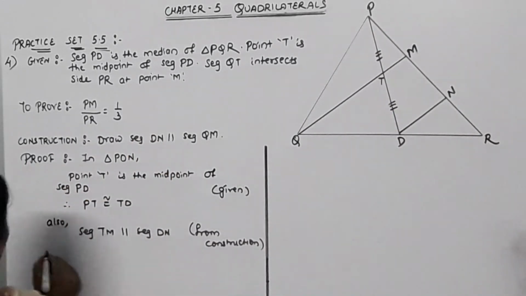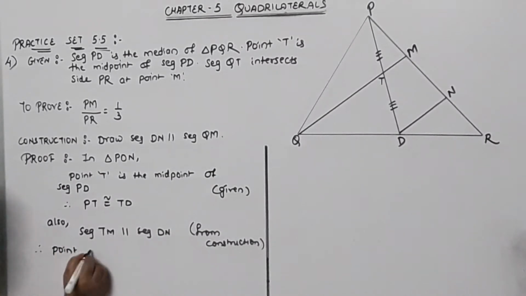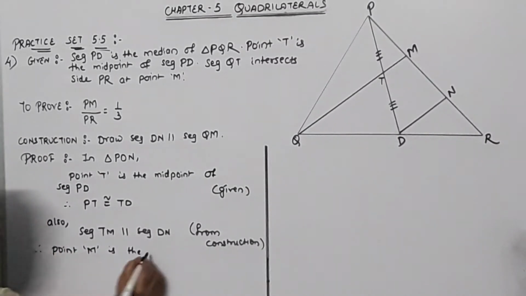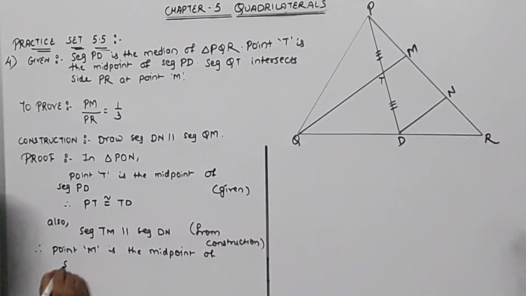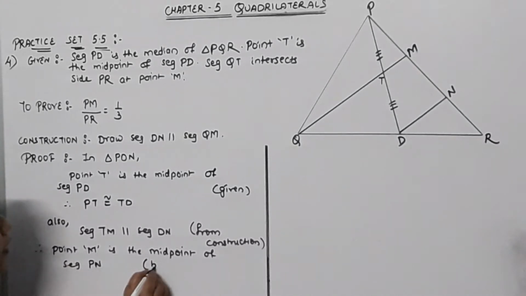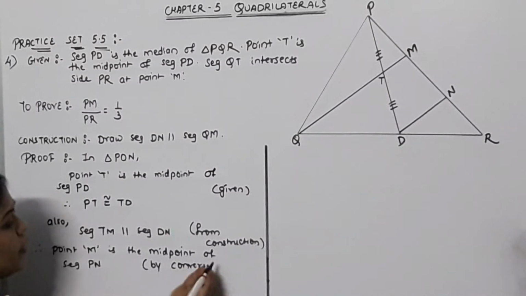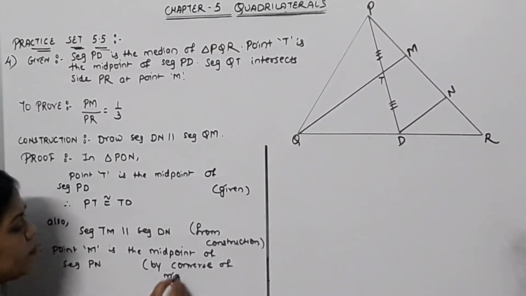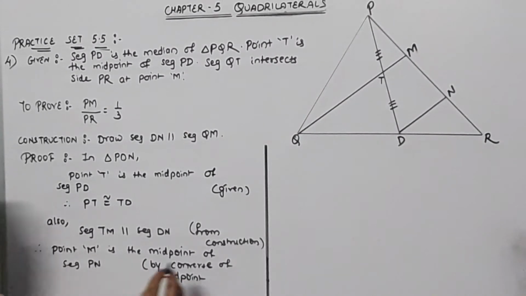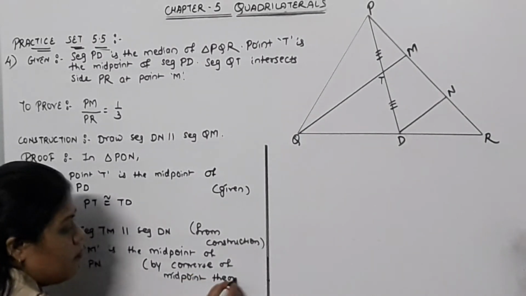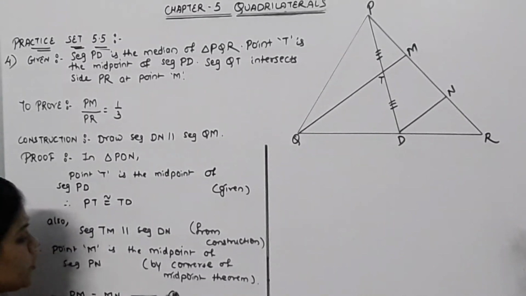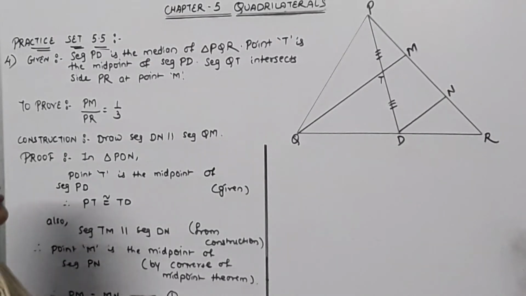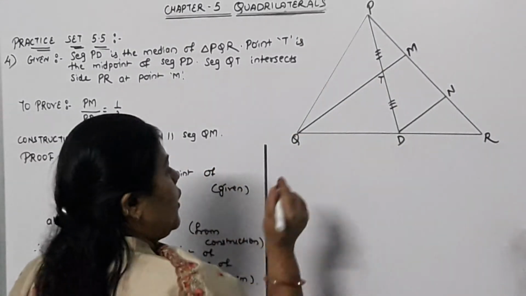So point M is the midpoint of seg PN by converse of midpoint theorem. And if M is midpoint of PN, therefore PM equals MN. This will be our equation 1. Is that clear?